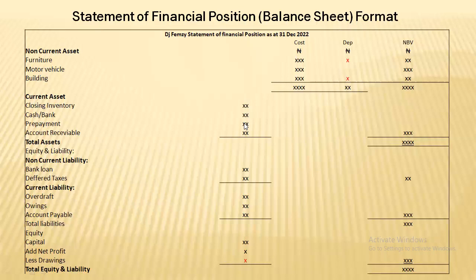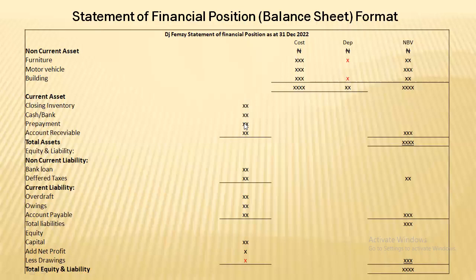While our current liabilities are liabilities or obligations that we are supposed to fulfill in the current accounting year. So this may include bank overdrafts. If you run a current account, you may be allowed to overdraw your account to a particular amount.